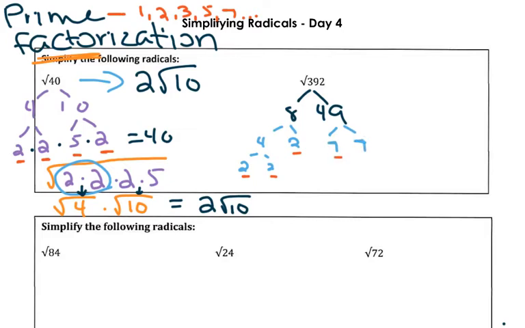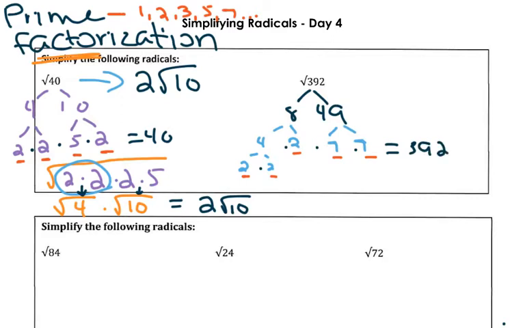I know 7 is a prime number, so I'm stopping there. Again, if I were to multiply all those prime numbers, 2 times 2 times 2 times 7 times 7, in my calculator, I'm going to get 392.